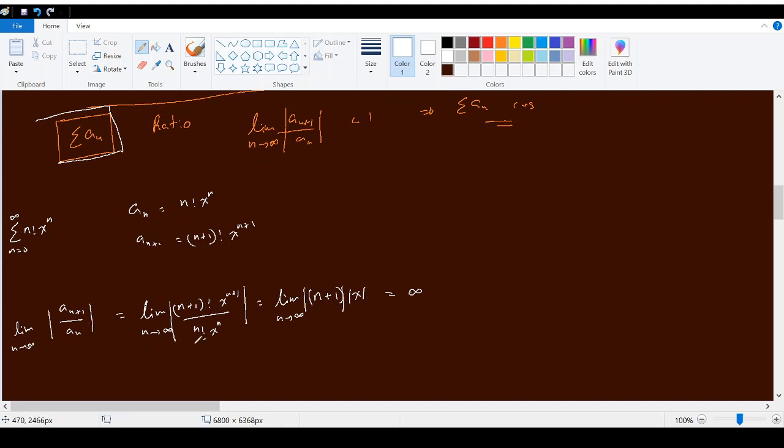Remember, (n+1) factorial is (n+1) times n times and so on, and in the denominator you have n factorial, so these terms cancel out with the n factorial term. What remains will be the (n+1)th term, and remember you have a modulus sign as well.